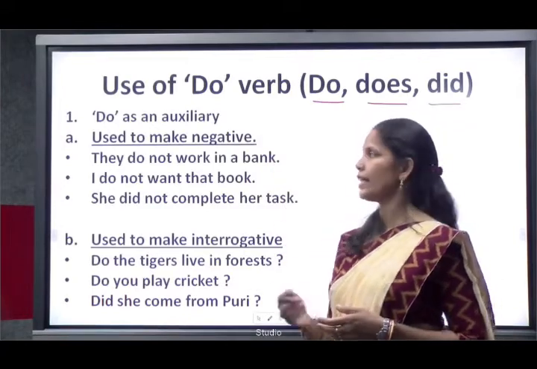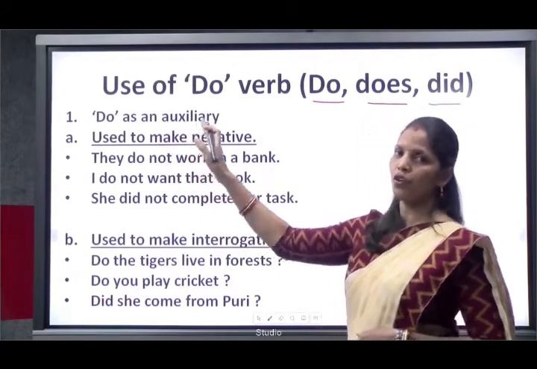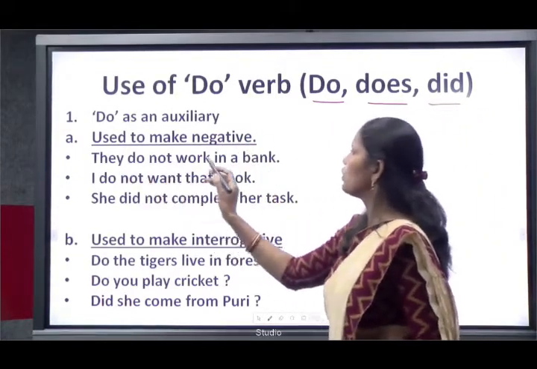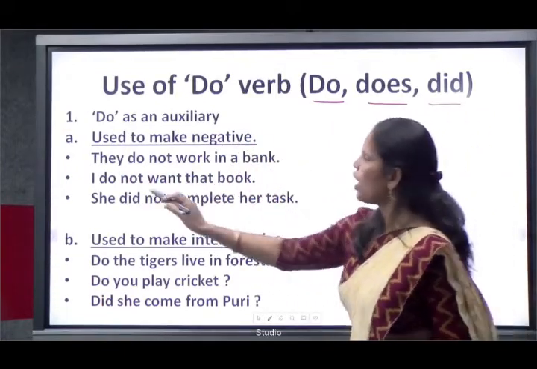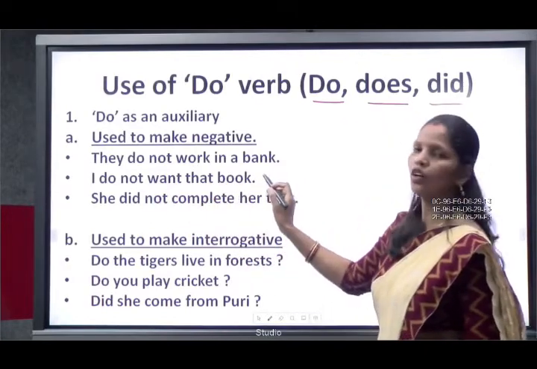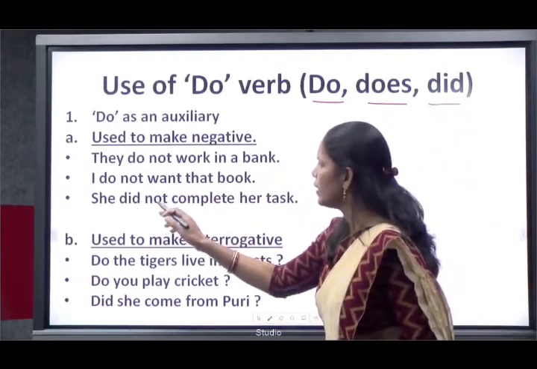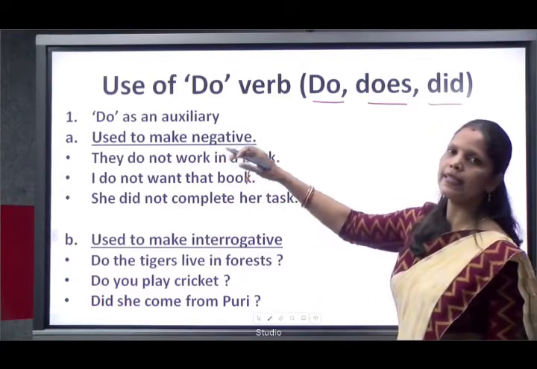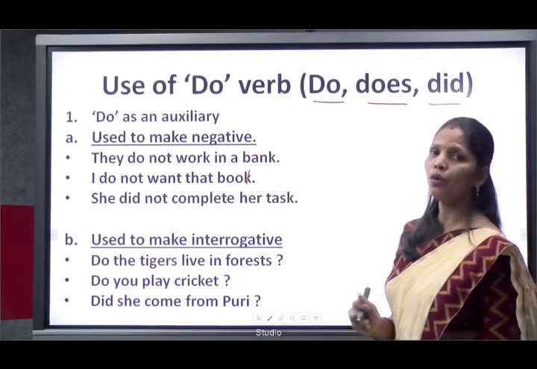To make the sentence negative, the do verb is used as an auxiliary. They do not work in a bank. I don't want that book. She did not complete her task. Here all the three sentences are written in negative form.